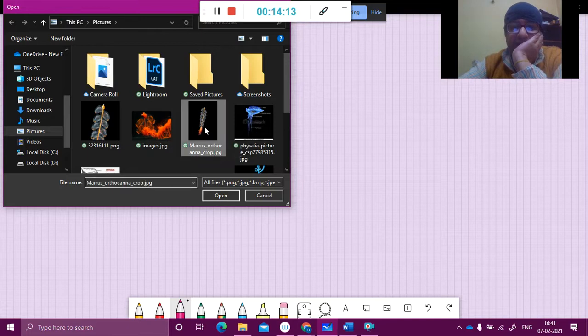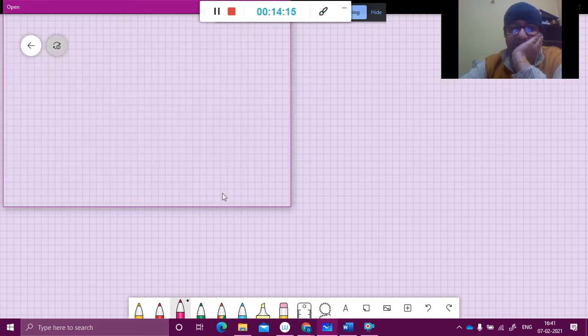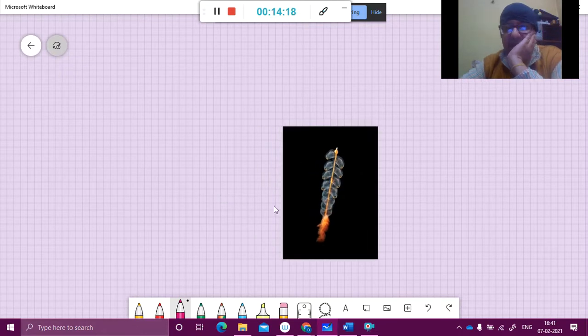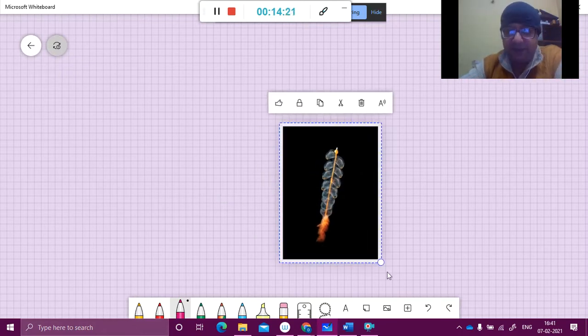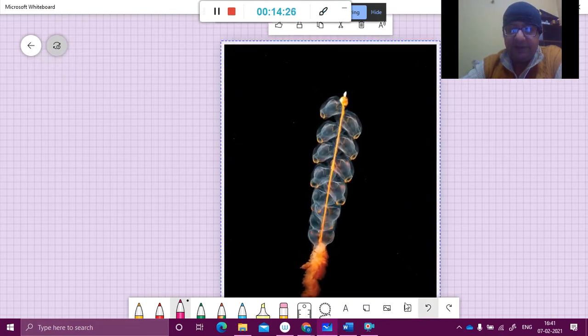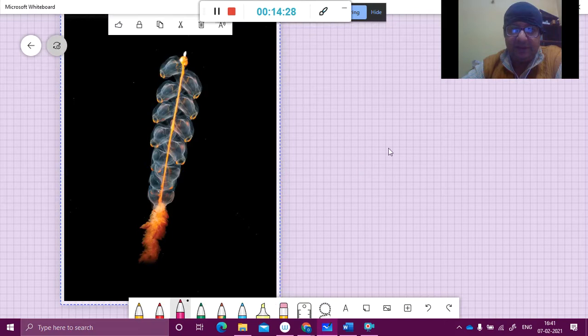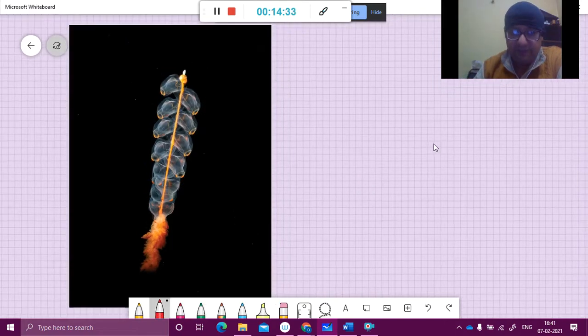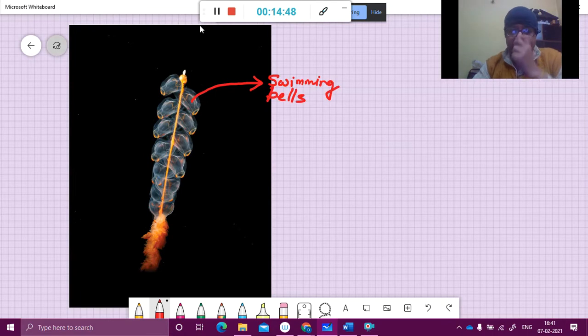Let's have a look at Halistemma. It's actually not Halistemma, it's a similar organism. In this picture, you can see that these are the swimming bells.